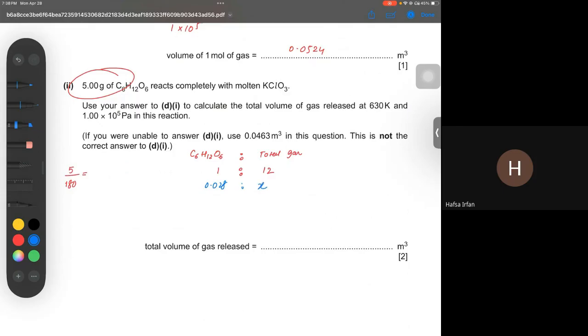This would be x. So you have to just cross multiply this and you would be getting your answer. That's it.